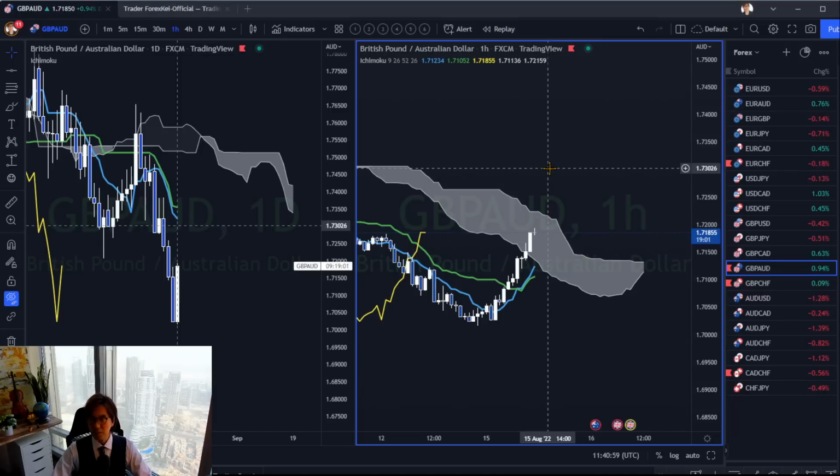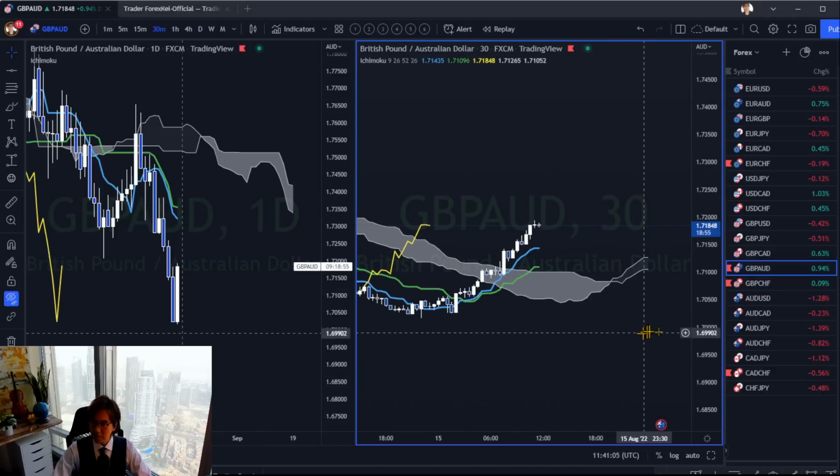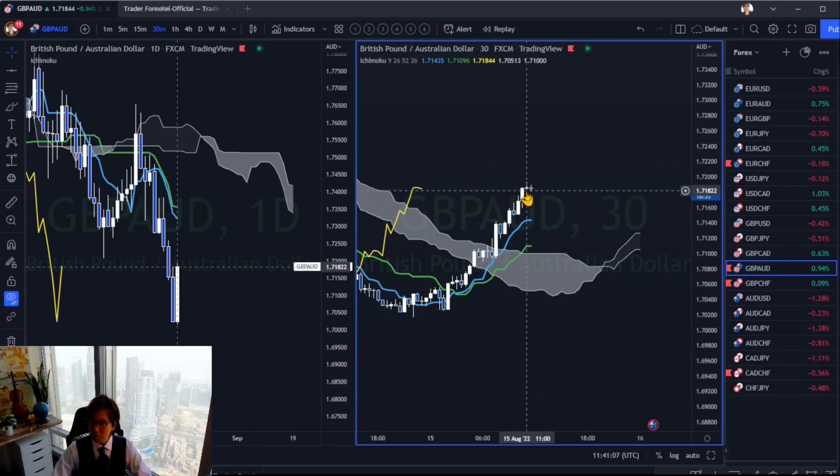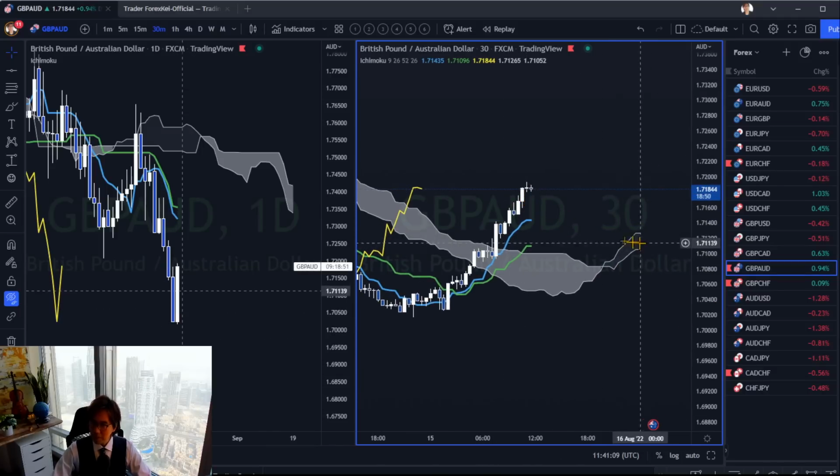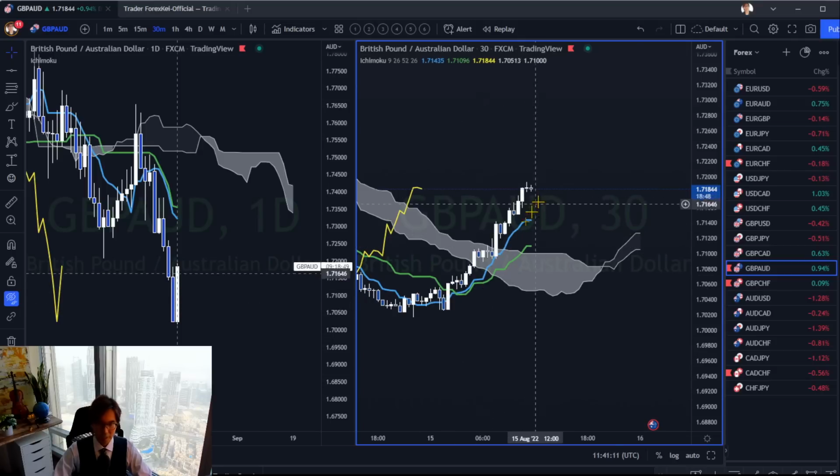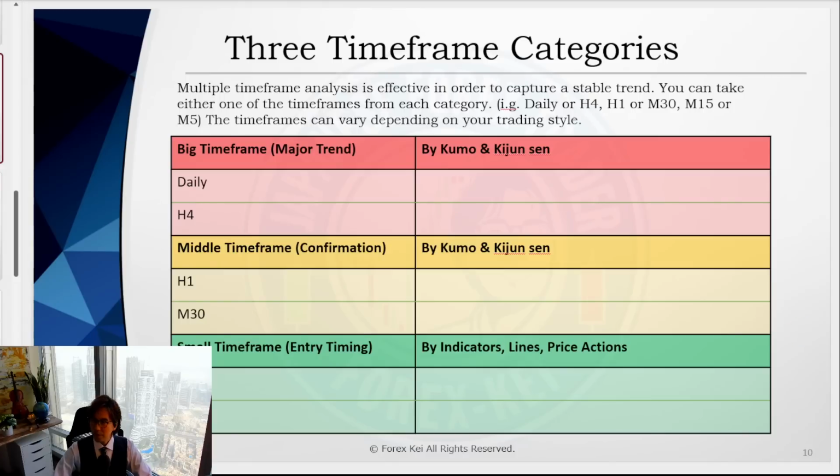Just in case, we check the 30, but we know 30 is also up, right? Let me switch to 30. So here, 30-minute chart. It's above the Kumo. Kumo flat, Kijun Sen flat, but this is uptrending now. It's uptrending, so we cannot confirm. So in this example, daily was down, 4-hour was flat, and H1 flat, M30 was also flat or up.